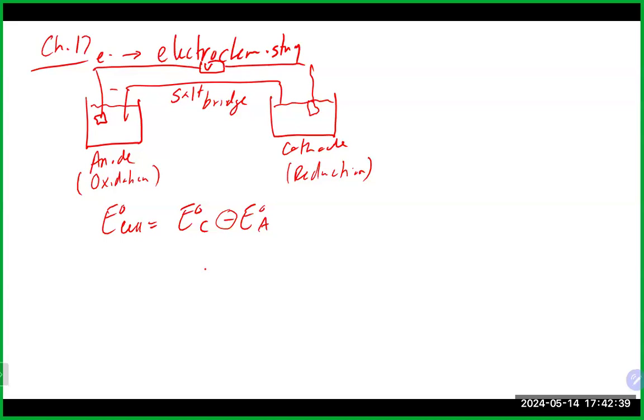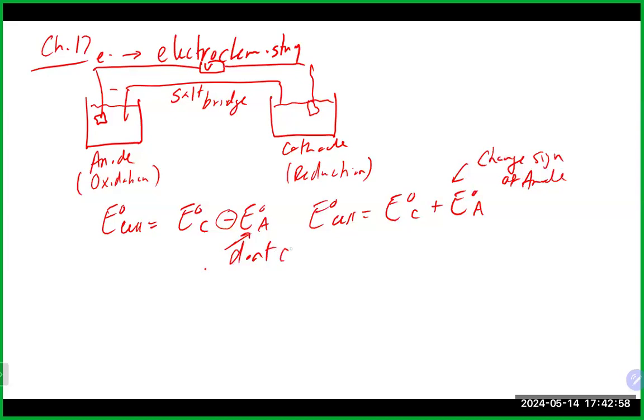If you do want to change the sign yourself, then you should add them. If you don't change the sign, then you should leave the minus there, so it'll do it for you.